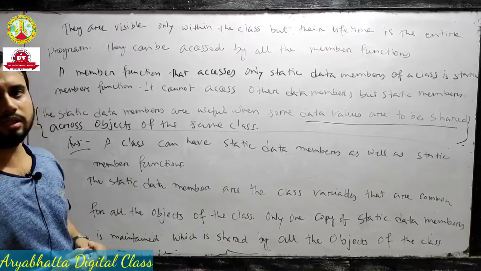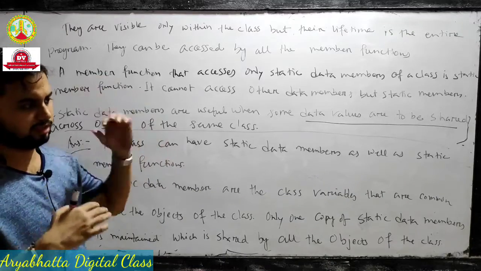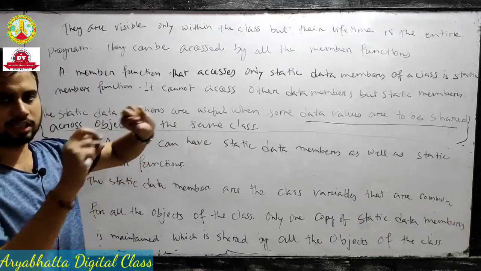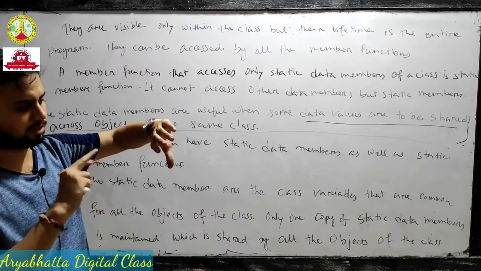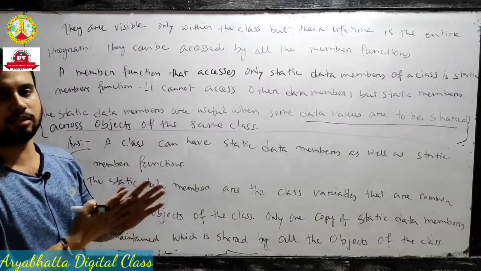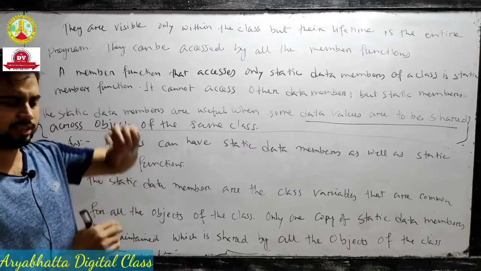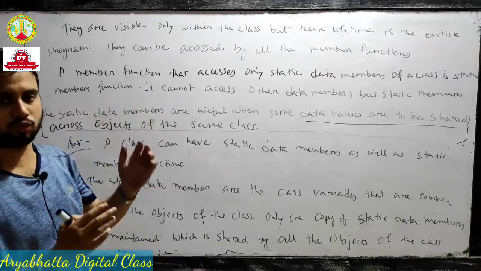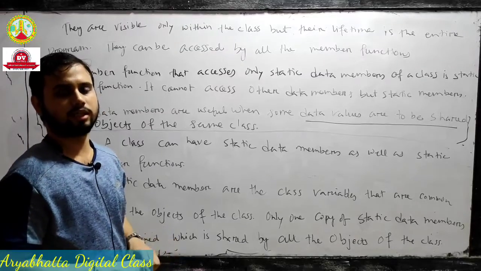Okay, it means in the same class there is a static data member and there is a static member function, and the static data member is accessed by the static member function, not by another general data member, right? And this will be useful in the same class, the class in which both member function and data member are declared.